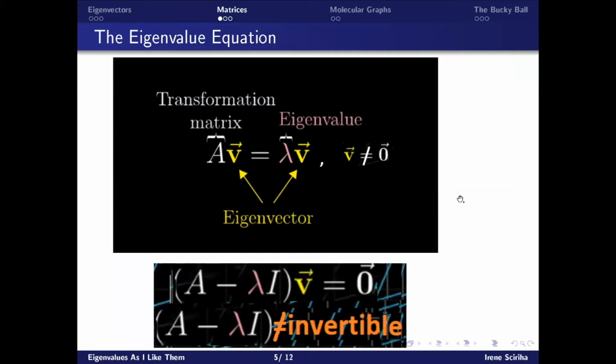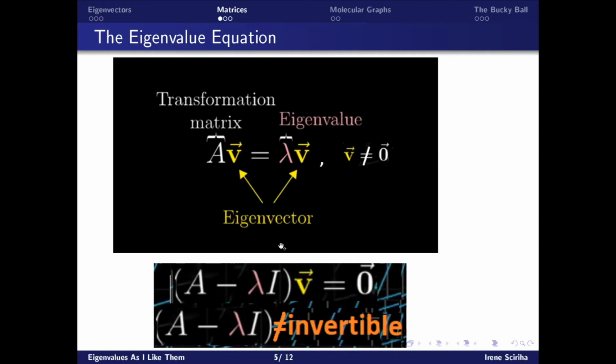So if I want an eigenvalue lambda with V, which is not 0, that is a solution of the eigenvalue equation, right?